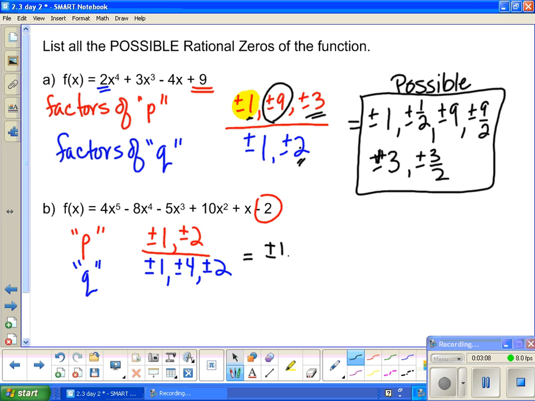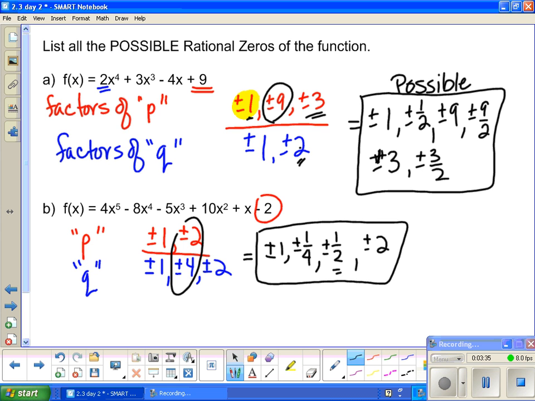Plus or minus 1, plus or minus 1/4, plus or minus 1 half. Now move on to 2, plus or minus 2. Now 2/4 is the same as 1 half, and I already have that in my list, so I don't write it down again. Plus or minus 2 over 2 is 1, it's already in my list, so I don't write it down again. So this is my list of possible zeros.